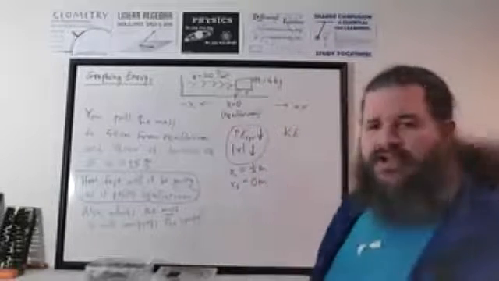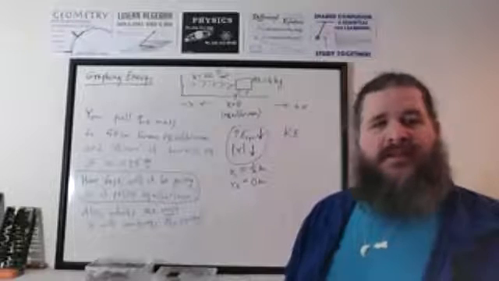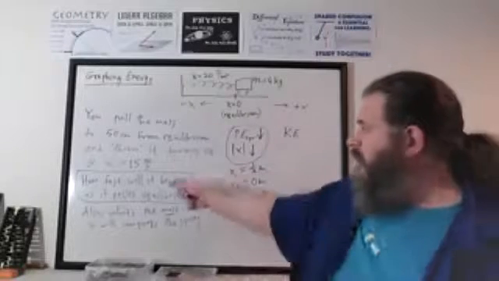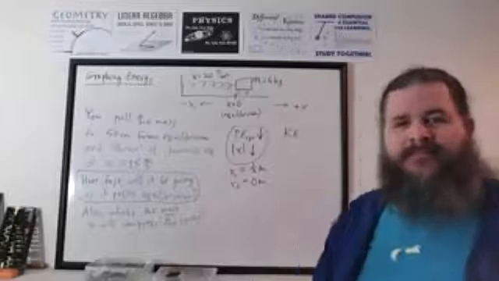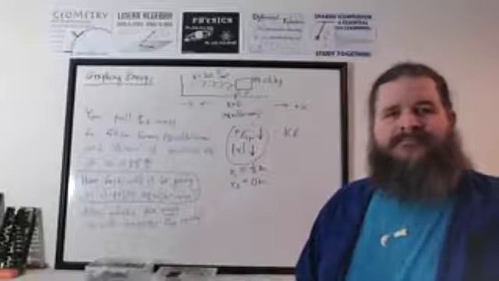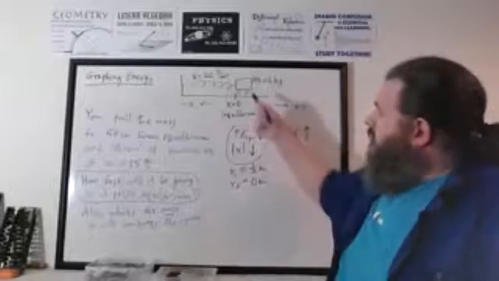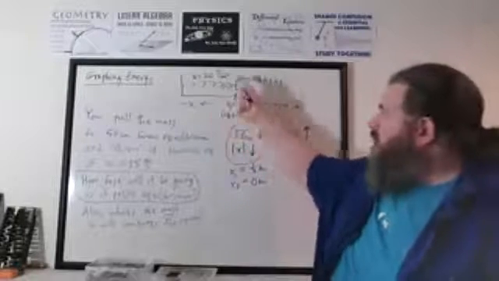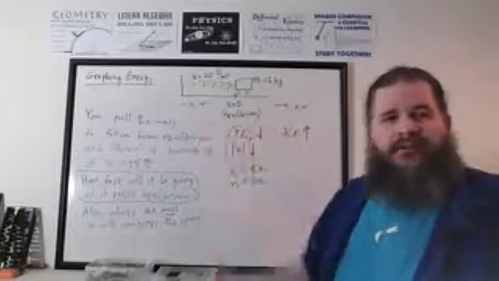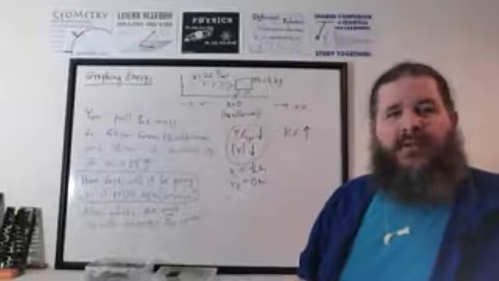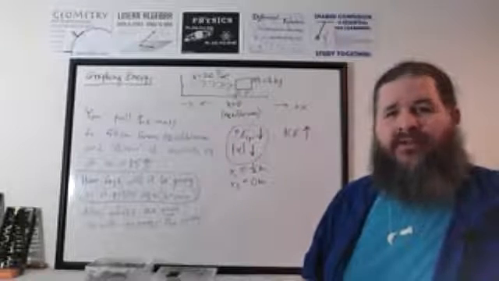As for kinetic energy, what should we expect to happen to kinetic energy during this time interval? Yeah, should be increasing. Presumably this is a closed system. The mass and the spring are interacting with each other, but there's no friction, no air resistance, no other work being done to or from this object.